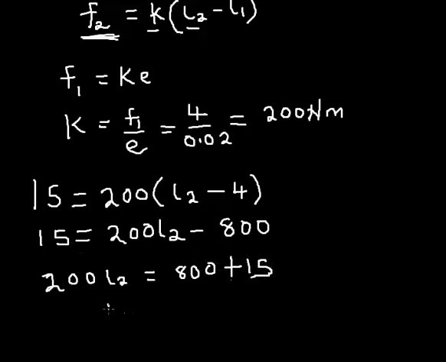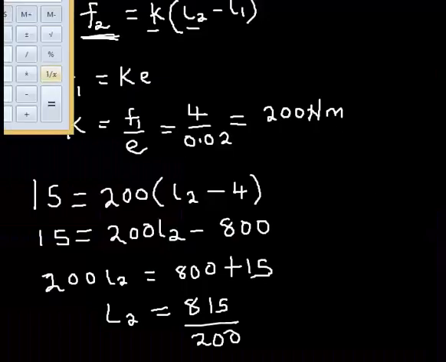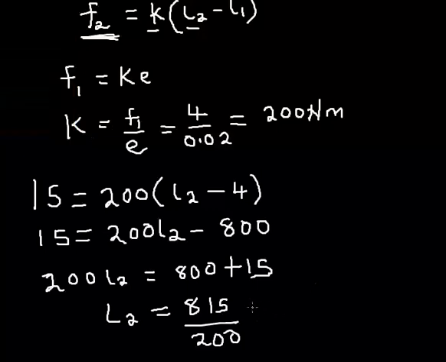So my final length L2 is going to be equal to 815 divided by 200. Let's get a calculator. 815 divided by 200 is 4.075 meter. So that is my answer.